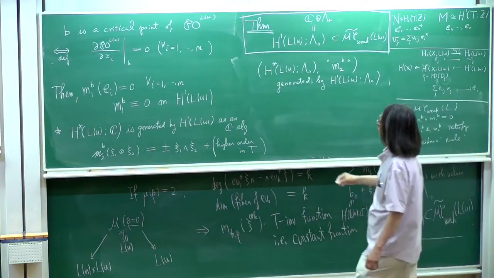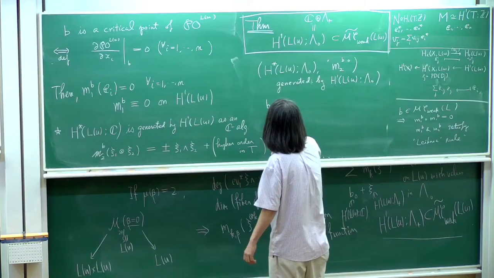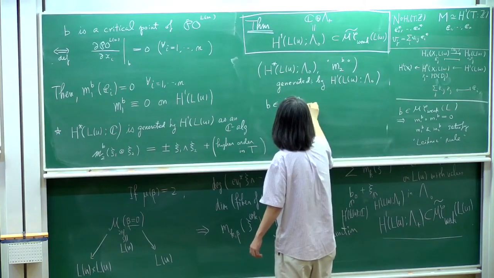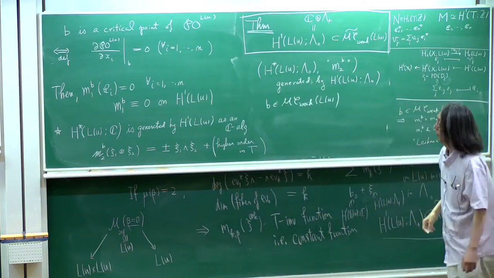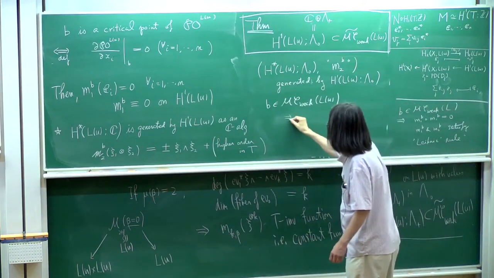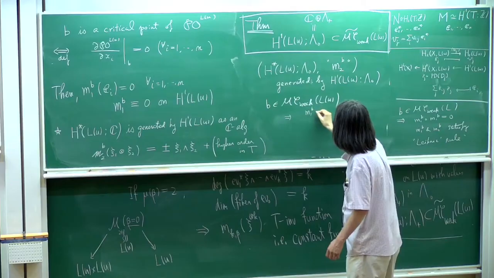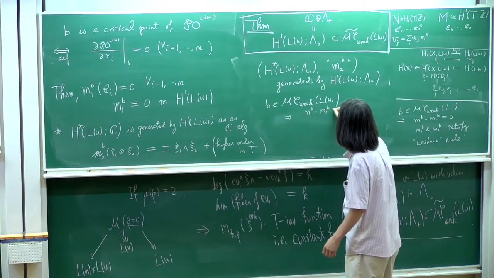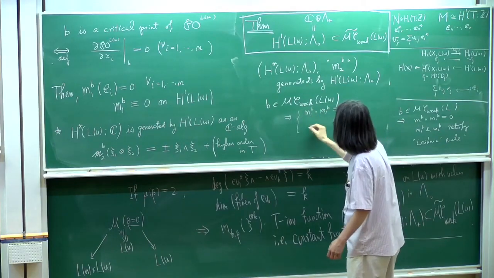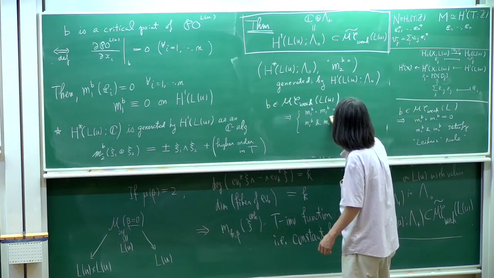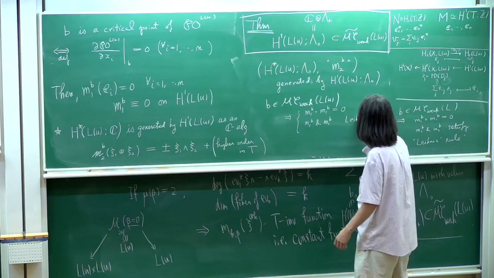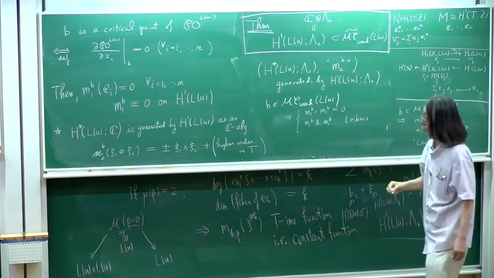Now, I said that if b is a weak Maurer-Cartan element, then one is just m_1^b composed with m_1^b is equal to 0, so this is the first thing. And the second one is that m_1^b and m_2^b satisfy the Leibniz rule, right?